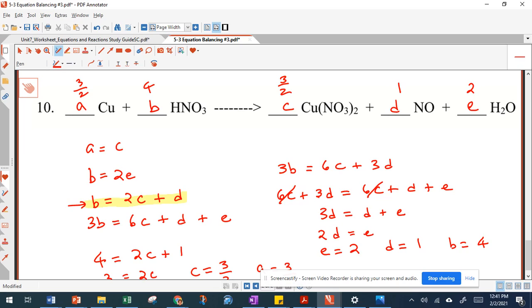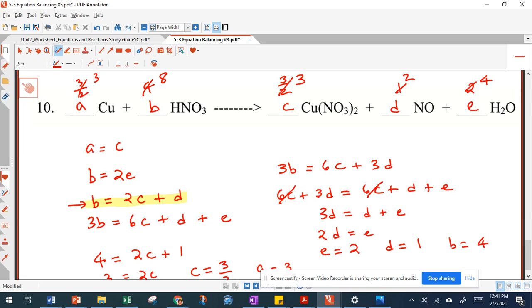To get these all to be whole numbers, I can multiply each of these coefficients by 2. So this becomes a 3, this becomes an 8, this becomes a 3, this becomes a 2, and this becomes a 4. And if you try these out, these should all work.